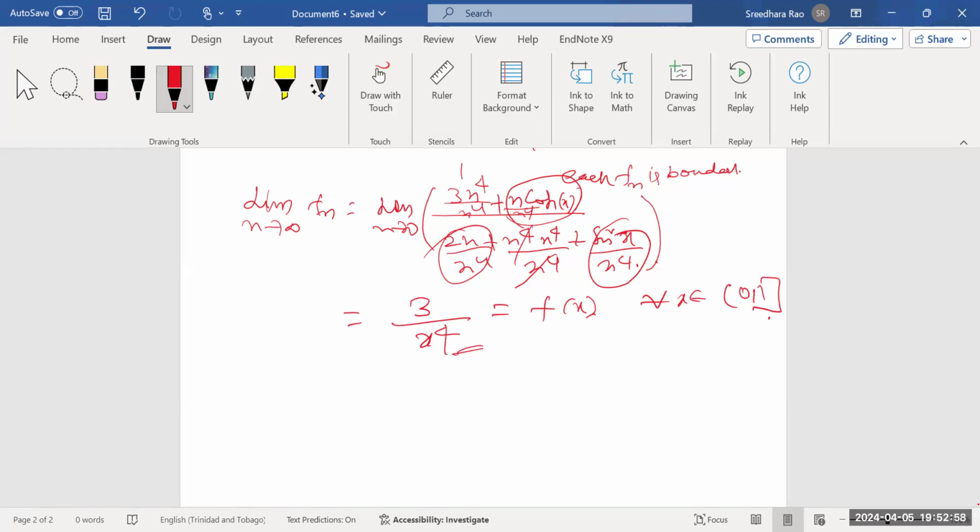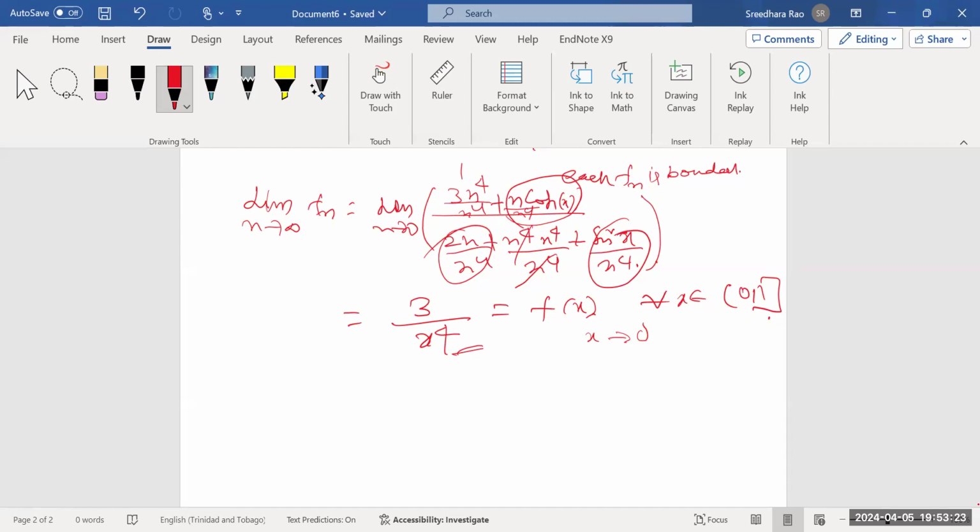Of course, when we see this f of x as x approaches 0, that is a very small value, this will go to a bigger one. How do we show that? Actually, we can say that function f is not bounded. So hence the sequence is not uniformly convergent, right?